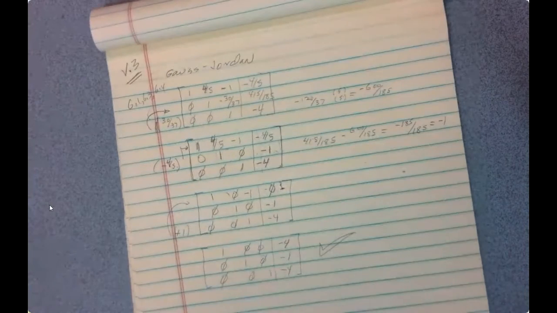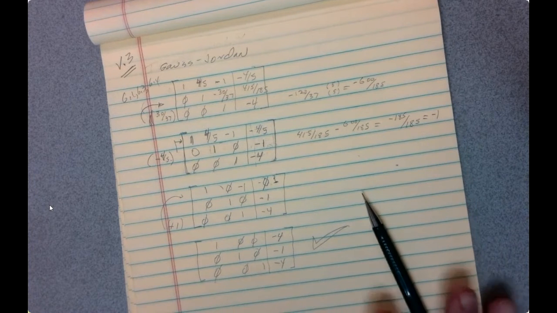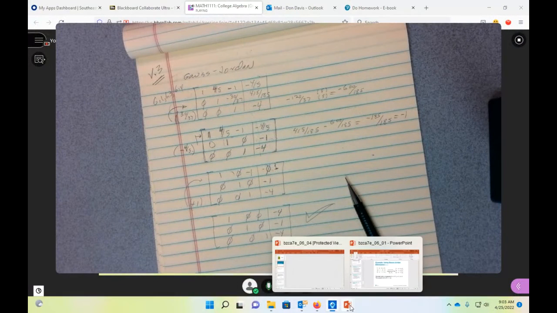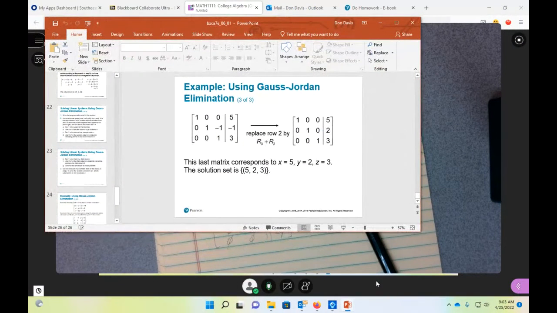So I decided I would go ahead and do that for you in this video, and I decided the easiest way to do that is to use it as a way to demonstrate the technique that's referred to as the Gauss-Jordan elimination method. Now, you do have that described for you in the slides, and you'll notice the pattern you're after is you're trying to get a matrix that has ones down the diagonal and zeros everywhere else.